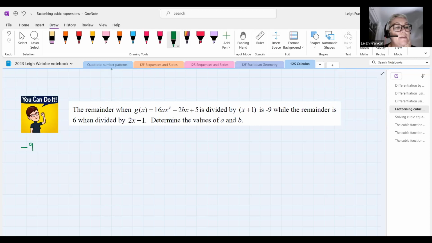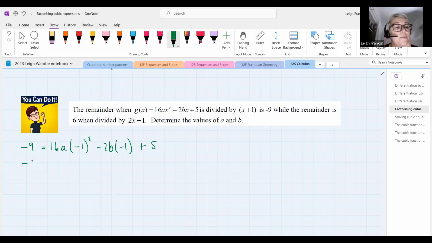So you're going to say -9 is equal to 16a, and then you're going to sub in that -1 just like you said: minus 2b times -1 plus 5. And then we can simplify that a little bit.